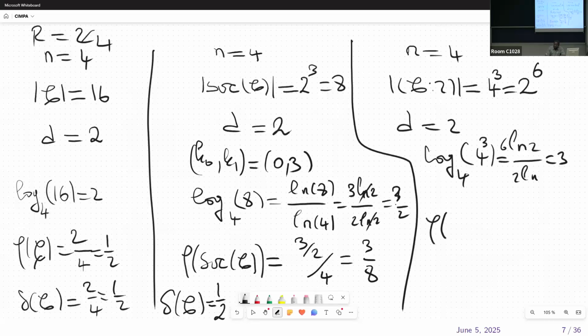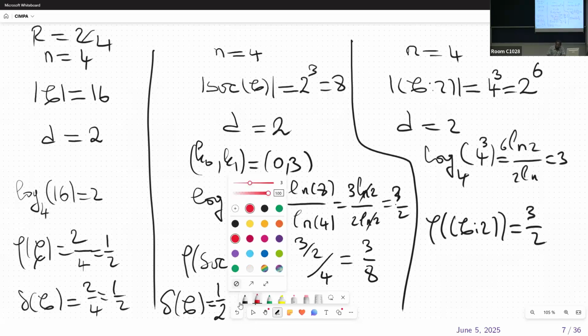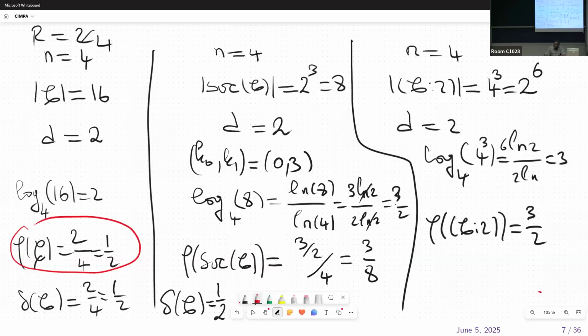The data rate of the quotient of C is, okay. We note that here the data rate is here and here.